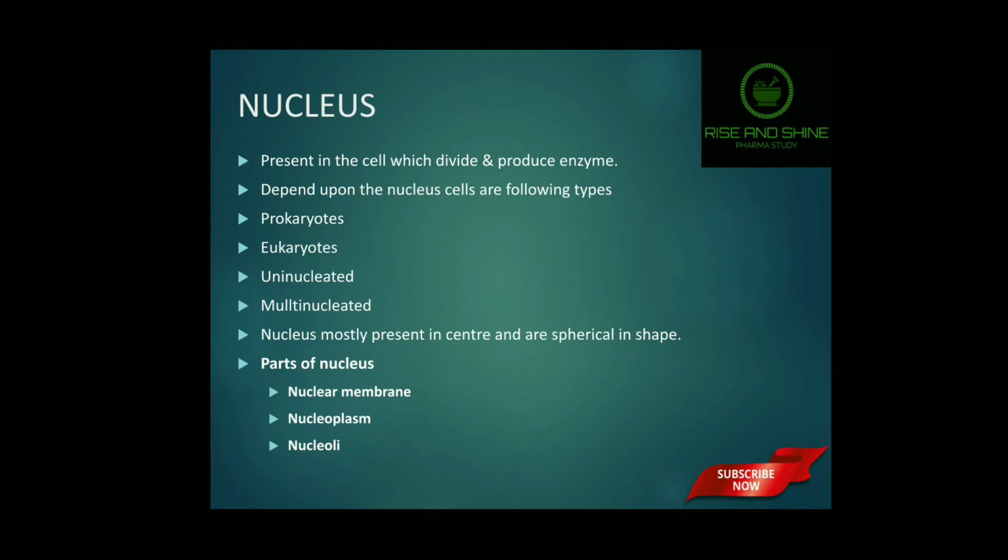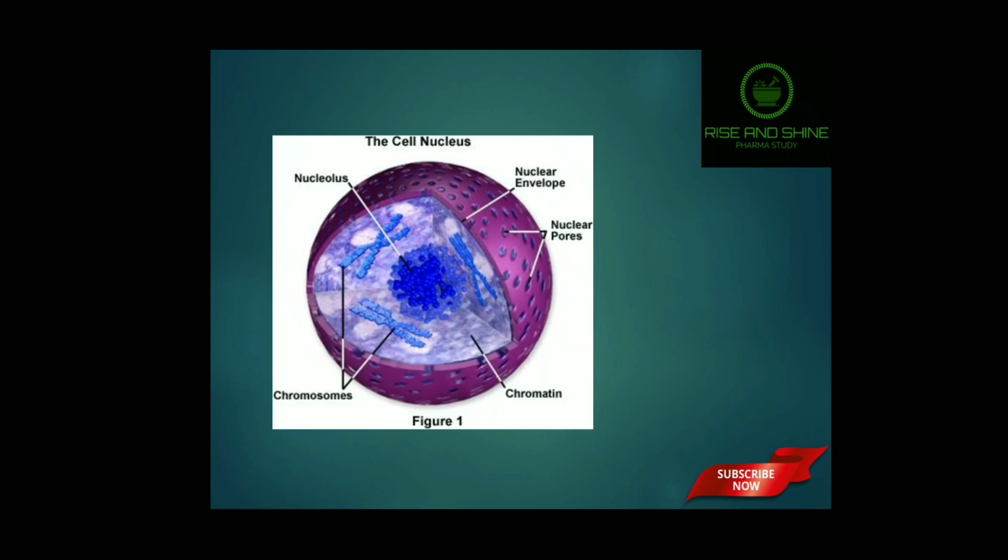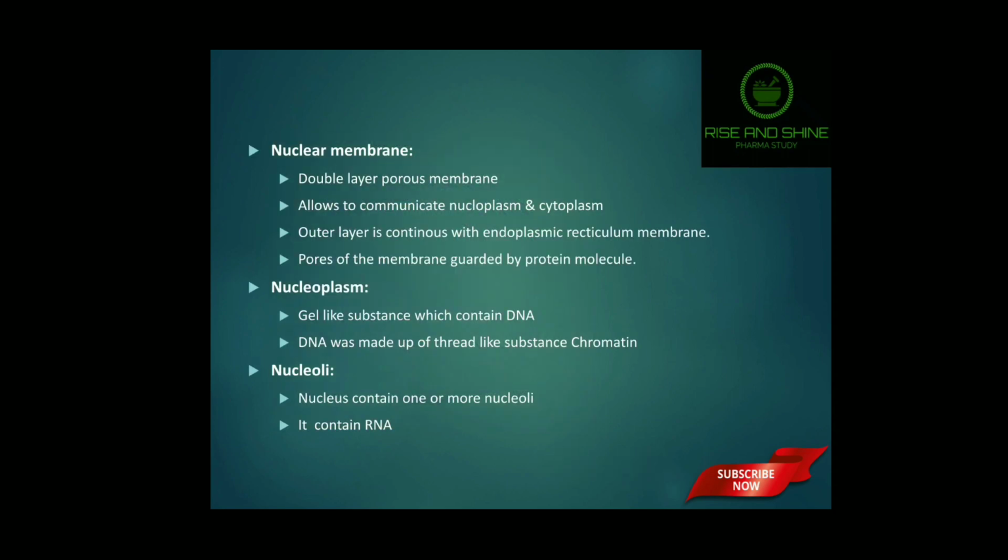This nucleus is also subdivided into three parts. They are nuclear membrane, nucleoplasm and nucleoli. Here I show the nucleus structure. It clearly explains the parts of the nucleus. The nuclear membrane is a double layer porous membrane.